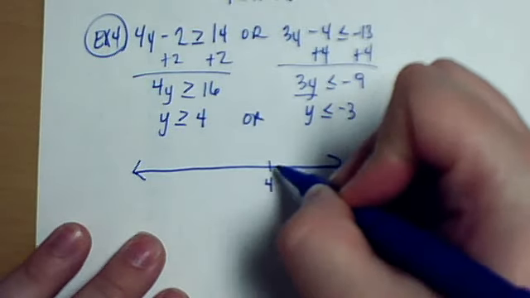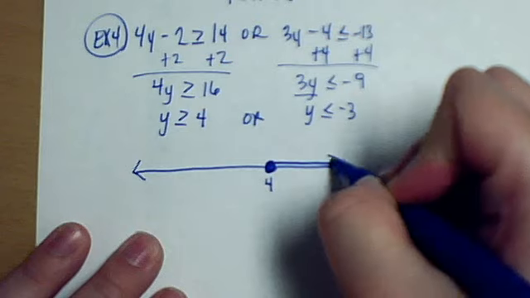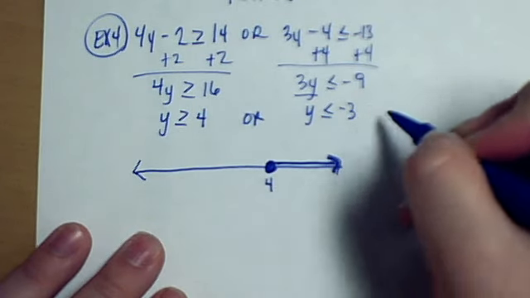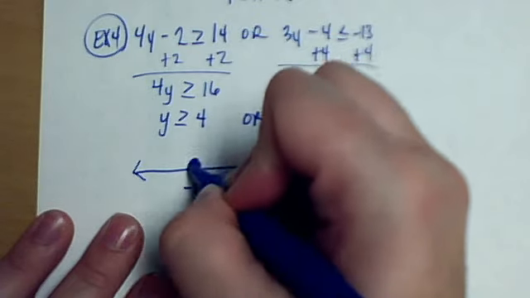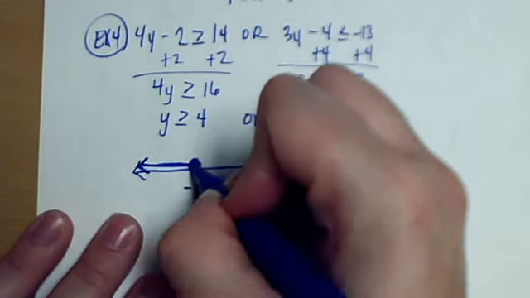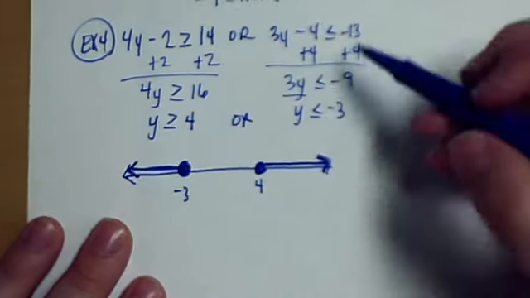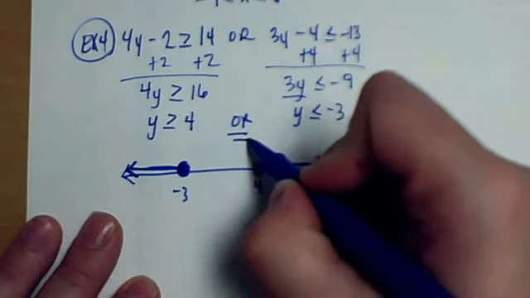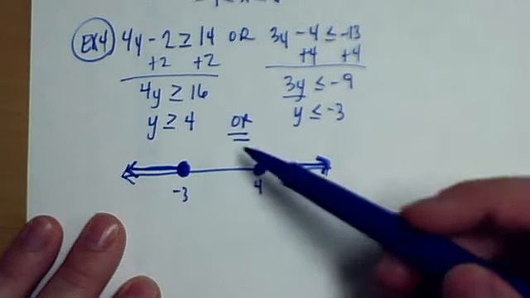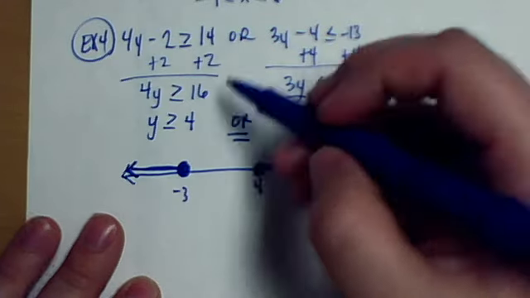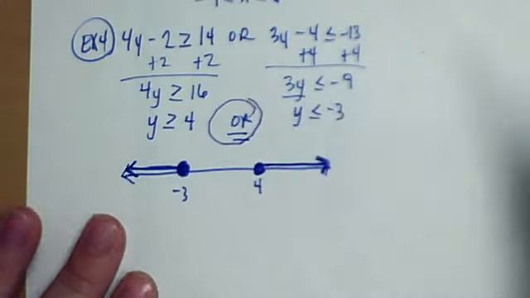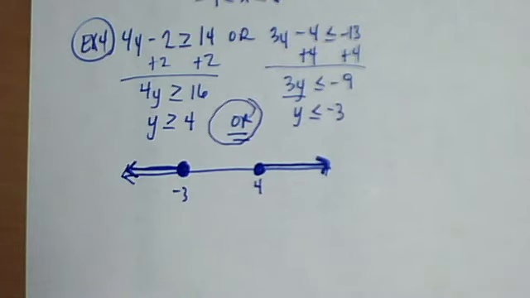I'm going to go to 4, it's greater than or equal to, and then negative 3 is less than or equal to. So in this case, this is perfectly fine because it says or. So y can either be greater than or equal to 4, or y can be less than or equal to negative 3. So the wording in the middle matters a lot.